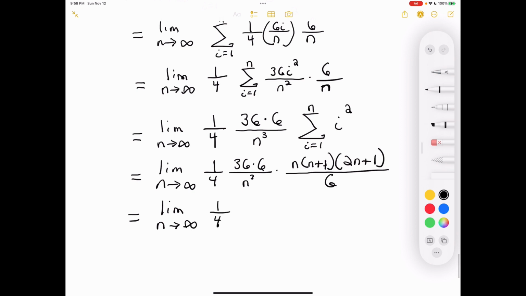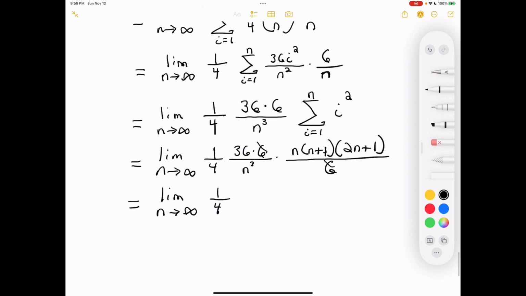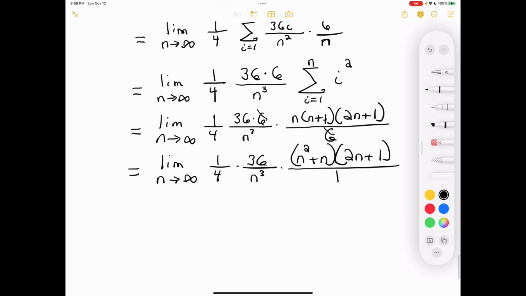You'll see why I didn't multiply out this 36 times 6, because now they cancel with the 6 on top. And we can multiply out these n's, so we'll get n squared plus n, that's just over 1 now.